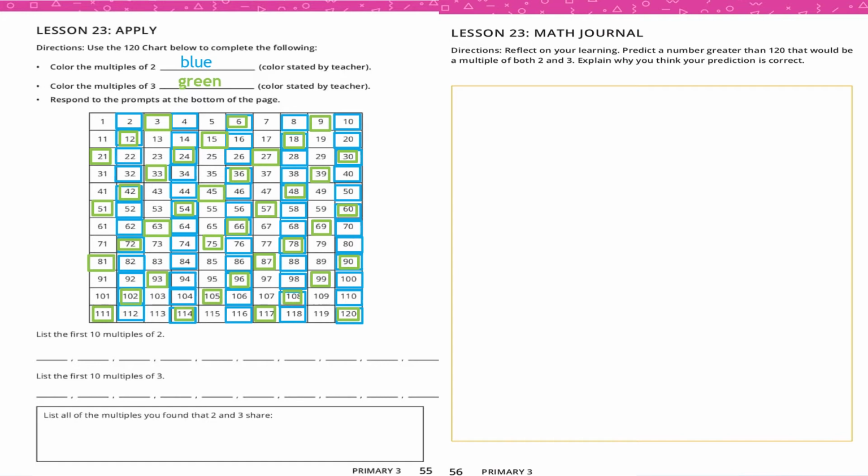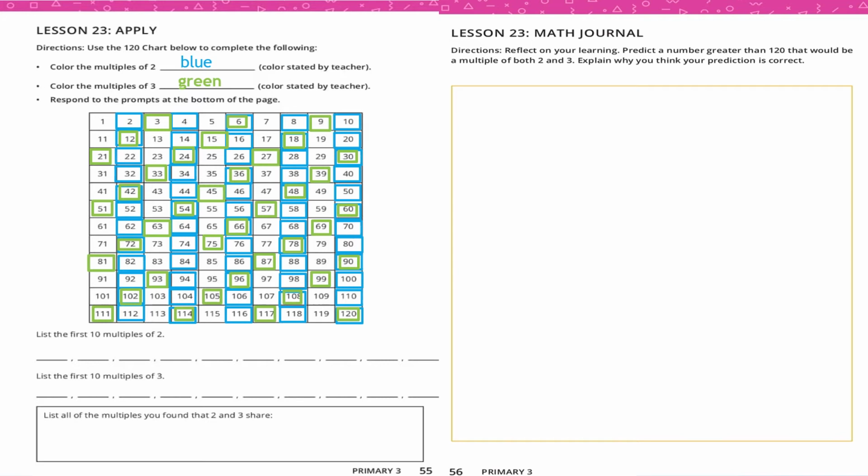So I will take the column that starts with 2, 12, 22, 32, 42, and so on. This is a column of all even numbers, and I know that multiples of 2 must be even numbers. So all even numbers are multiples of 2. I will take the column of 2, the column of 4, the column of 6, the column of 8, and the column of 10.